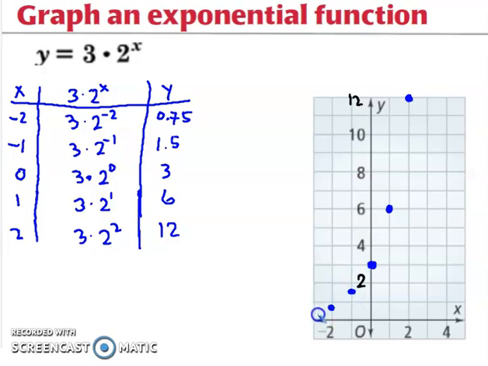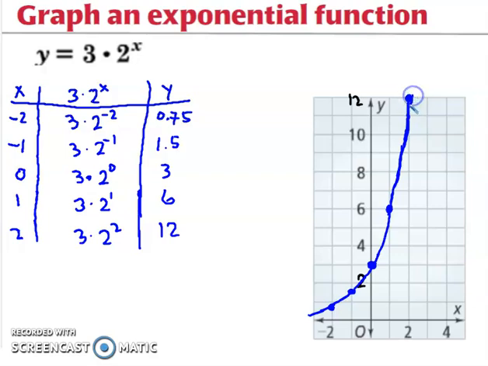And we connect the points with a smooth curve. So we don't use a straight edge in graphing an exponential function.